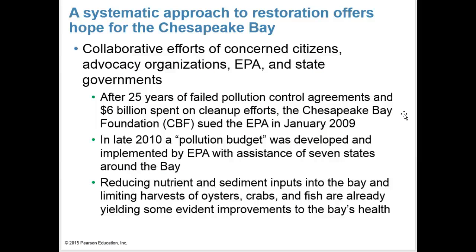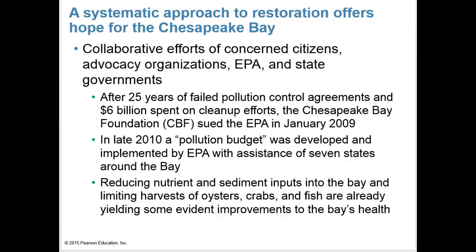So, back to the Chesapeake Bay problem, collaborative efforts of concerned citizens, advocacy organizations, the EPA, and state governments have helped. After 25 years of failed pollution control agreements and $6 billion spent on cleanup efforts, the Chesapeake Bay Foundation sued the EPA, the Environmental Protection Agency, in 2009, stating they really weren't doing their job in enforcing these pollution control agreements.